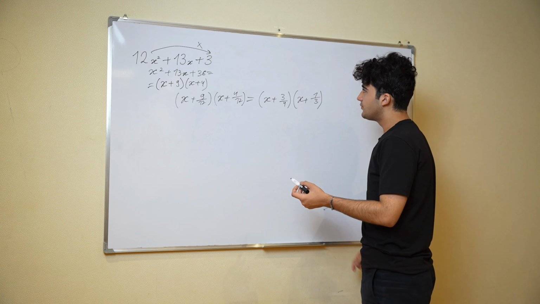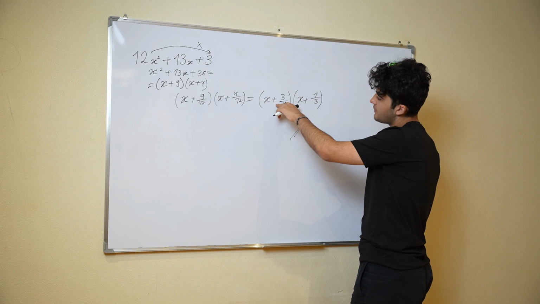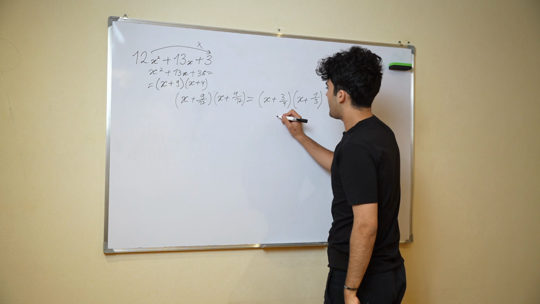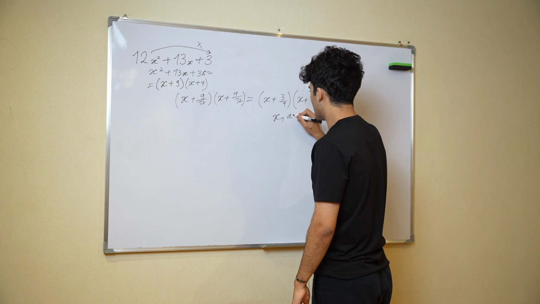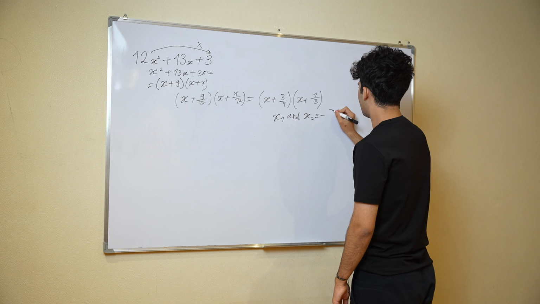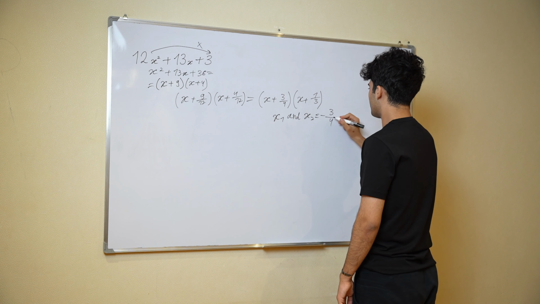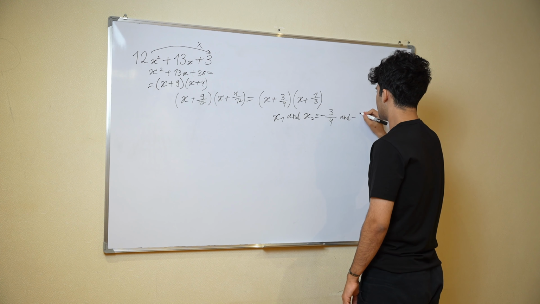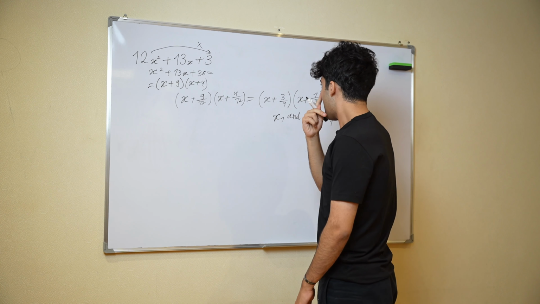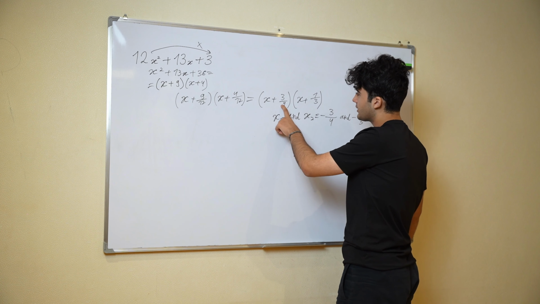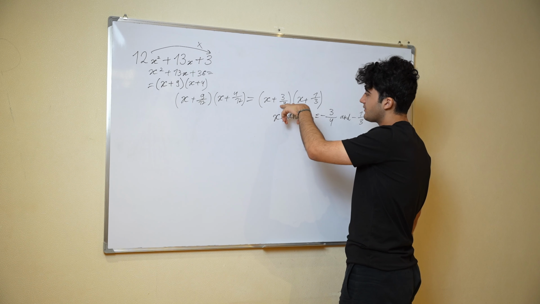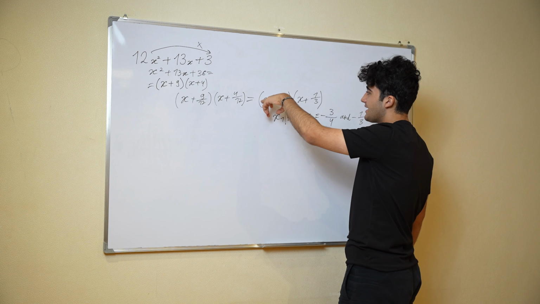And here, what we're going to do next, right? First of all, these are the solutions for this equation. So x1 and x2 are equal to minus 3 over 4 and minus 1 over 3, okay? But these are the solutions for this equation. And now what we're going to do is put this 4 from the denominator as the coefficient of x.